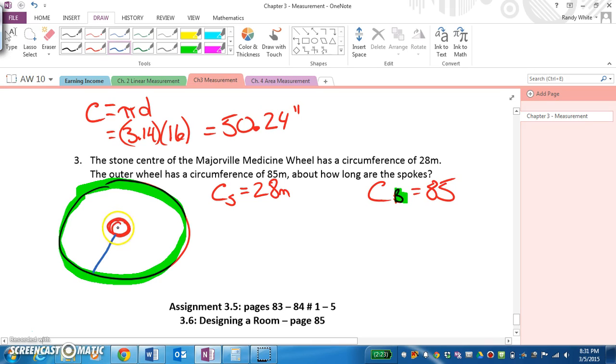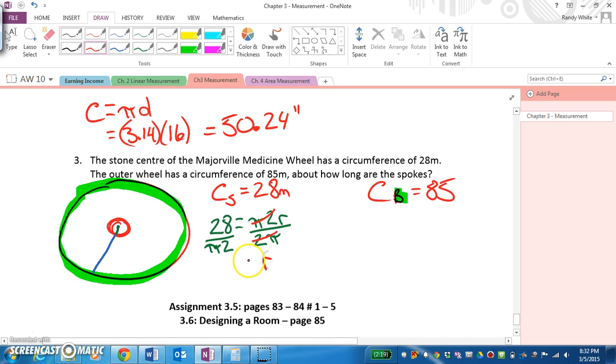So the radius, I need to figure out what the radius is of the small circle first. So I know my circumference is 28. The equation is pi times 2 times r. R is what I want to know. I want it all by itself. So I'm going to divide both sides by 2 times pi. So here, that 2 pi and that 2 pi cancel each other out.